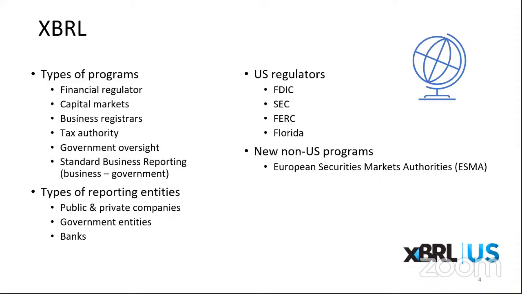That program has been in place since 2005. The Securities Exchange Commission requires public companies, mutual funds, and credit rating agencies to report in XBRL format. And that list is expanding. They're adding additional types of reports, and also additional business or reporting entities will be required to report in XBRL format in the coming years.